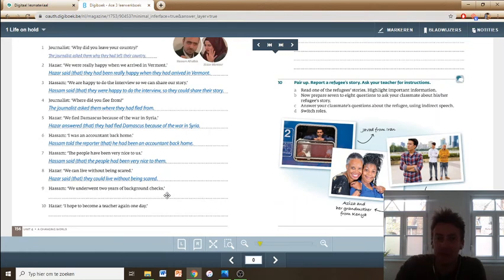This is maybe the most difficult one because you have to make underwent a past perfect, guys. And this is had undergone. So Hassam said that they had undergone 2 years of background checks. And then finally, Hazar says, I hope to become a teacher again one day. So she said that she hoped to become a teacher again one day.